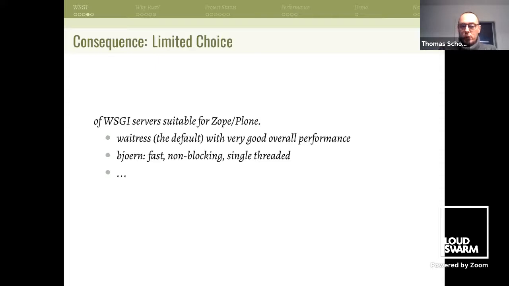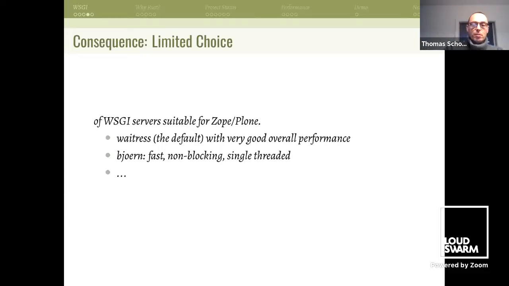So there's Waitress, which is the default, that has a very good overall performance, and it's a pure Python implementation. Then there's Bjoern that some of you might have heard of, and it's a C implementation. It's quite fast. It's using non-blocking I/O, and it's single-threaded.